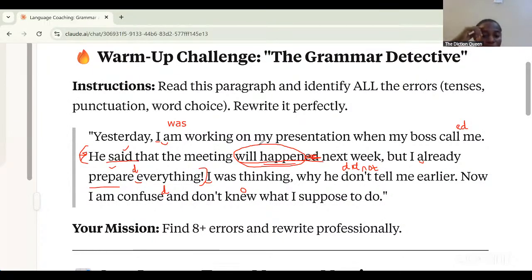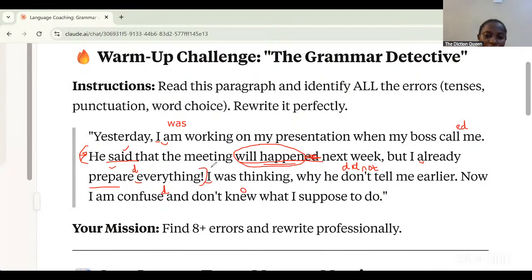Now let's continue. I was thinking. So yesterday, when my boss told me, right? So I then thought to myself, why didn't he tell me earlier? Why did it make me go through this stress when I could have done it next week?